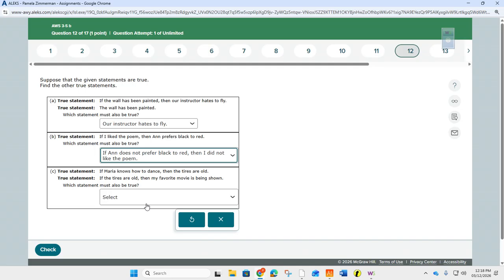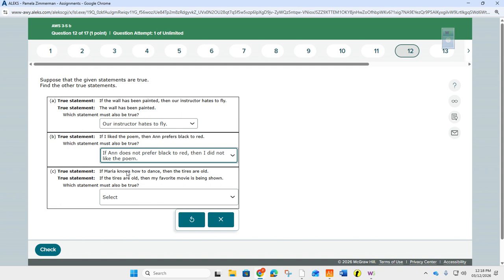And the last one, if Maria knows how to dance, then the tires are old. That's a true statement they're telling us. If the tires are old, then my favorite movie is being shown. Which statement must also be true? So this should put you in the mind of the transitive property.